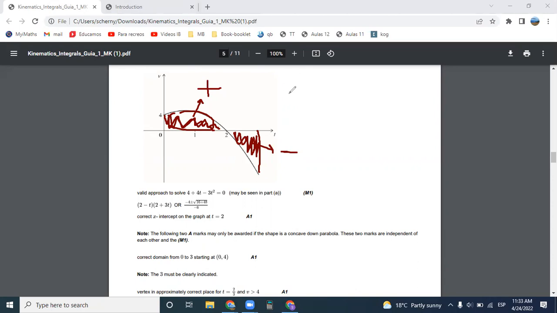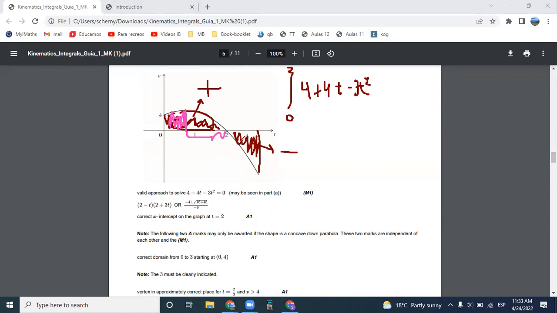So we need to integrate the integral of 4 plus 4t minus 3t squared between 0 and 2, okay? And before we had calculated, I will do it with another color, we had calculated the area here, right? But we were still missing the area here, okay?